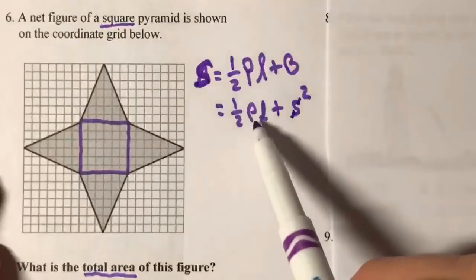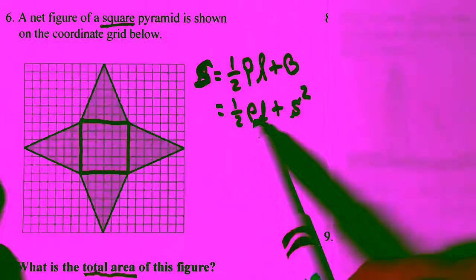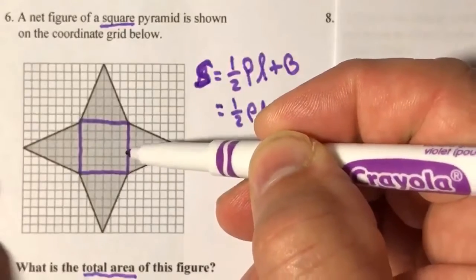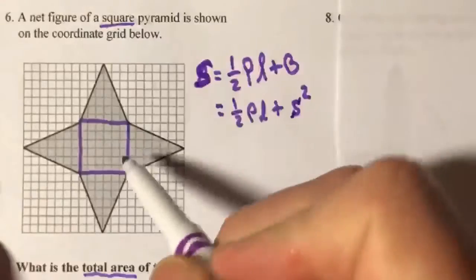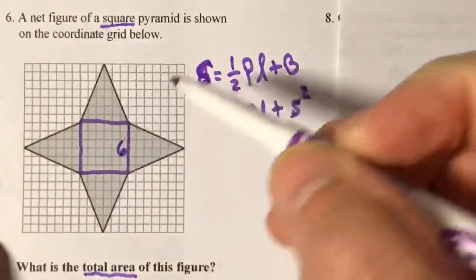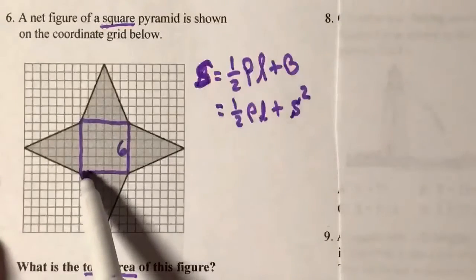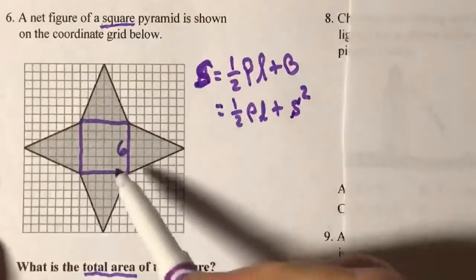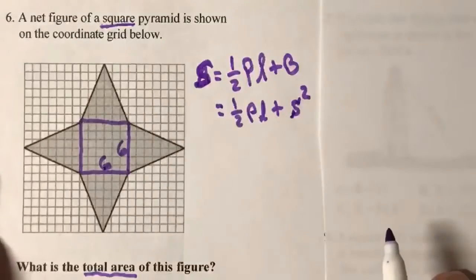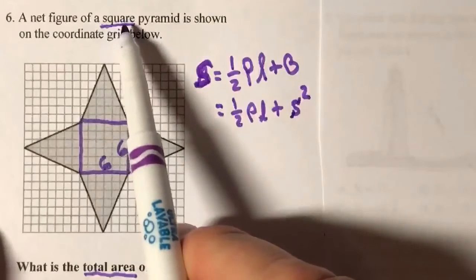We have to find the perimeter. The perimeter is the distance around the base. 1, 2, 3, 4, 5, 6. There are 6 little squares there, so I'm going to get a 6. Now, what do I have over here? 1, 2, 3, 4, 5, 6. There's also 6 here, so that makes sense because that's a square. Remember, I was working with a square.